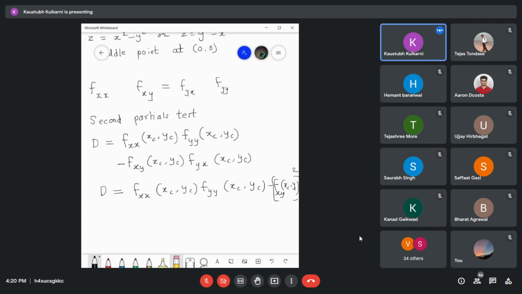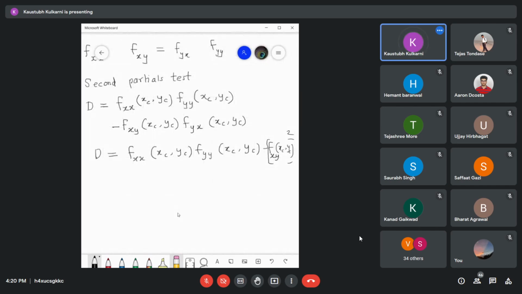Okay, the square of this term. After calculating D, these are the four checks.